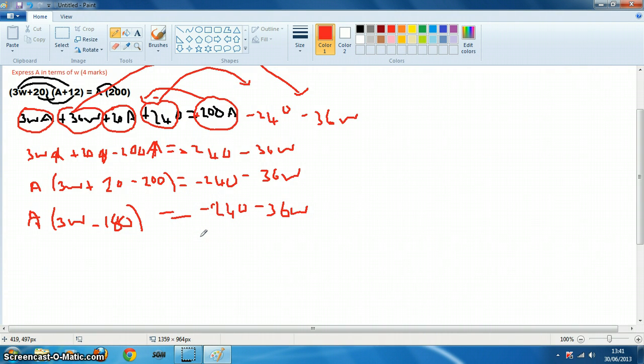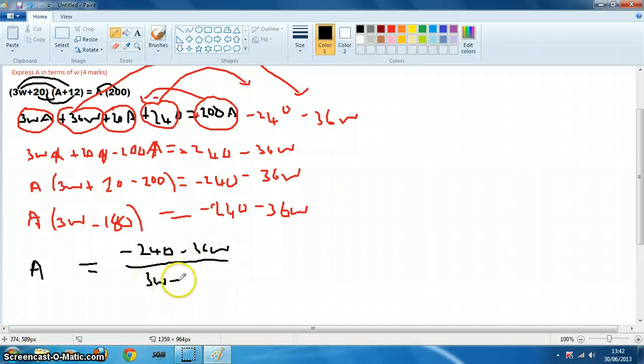What we then need to do is keep A on its own again. So A equals minus 240 take away 36W over 3W minus 180.